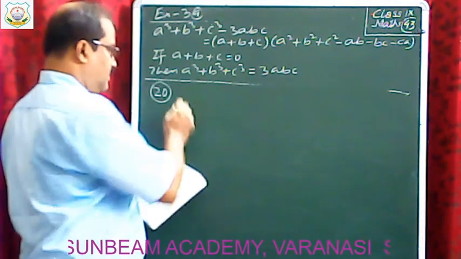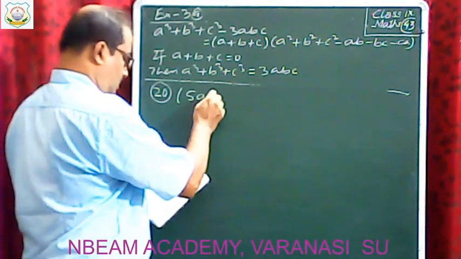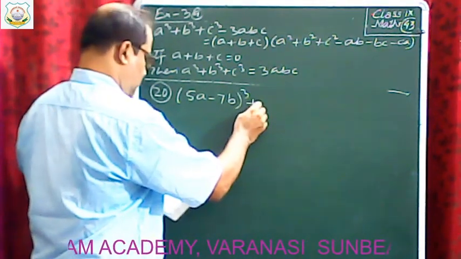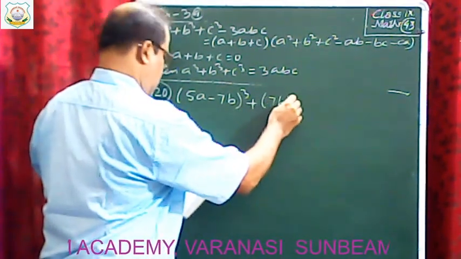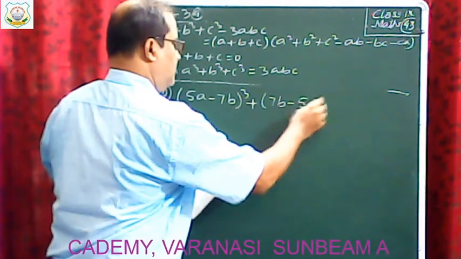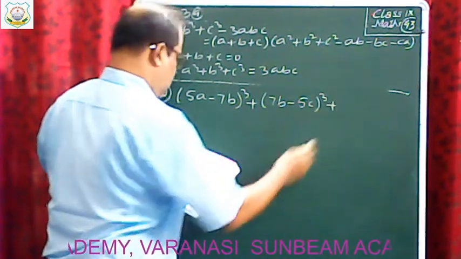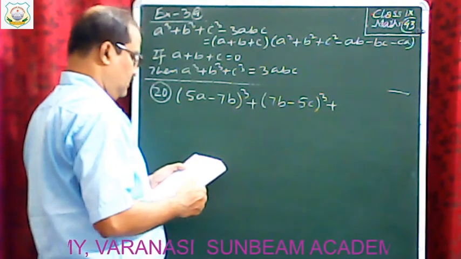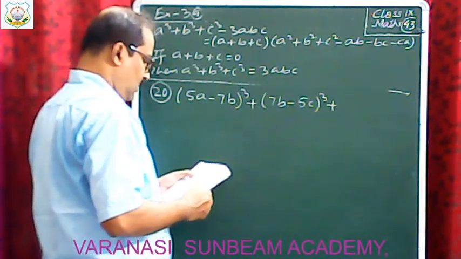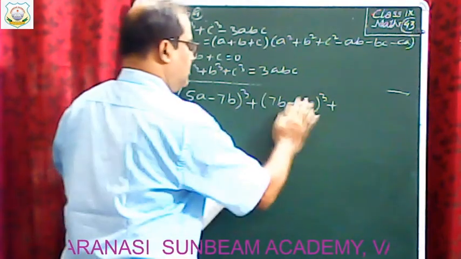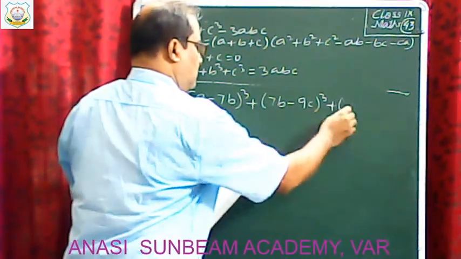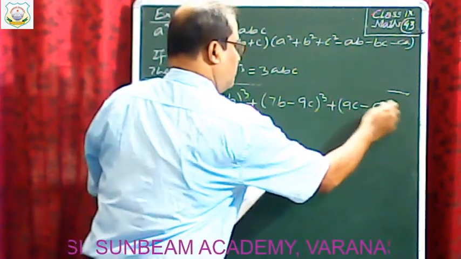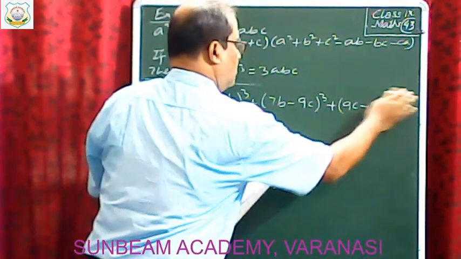Now factorize: 5a minus 7b whole cube plus 7b minus 9c whole cube plus 9c minus 5a whole cube.